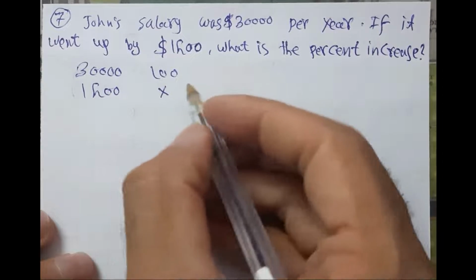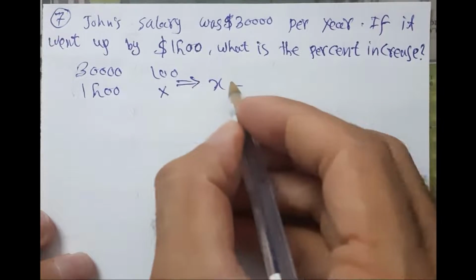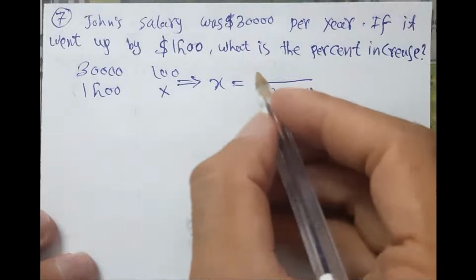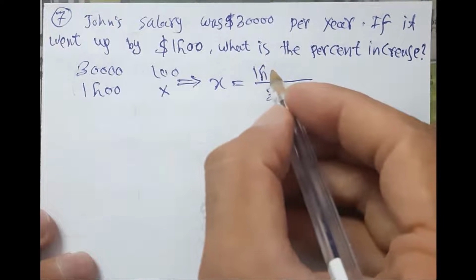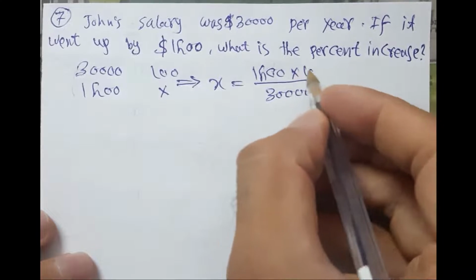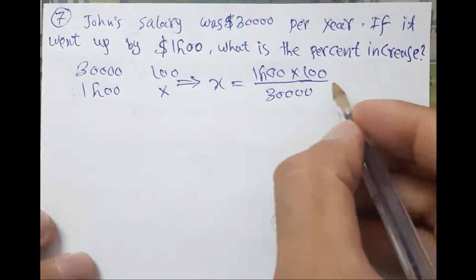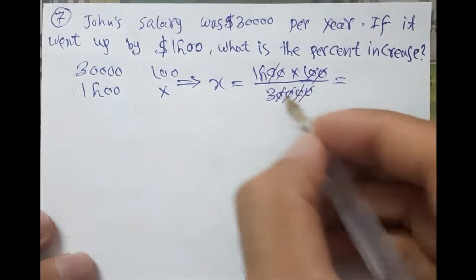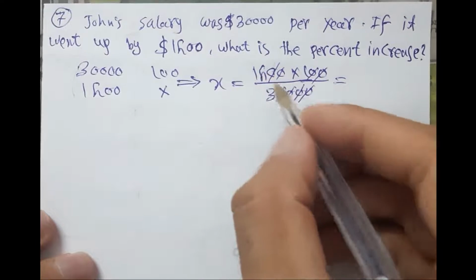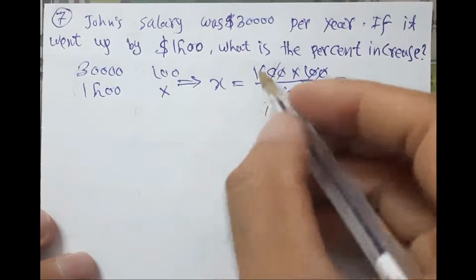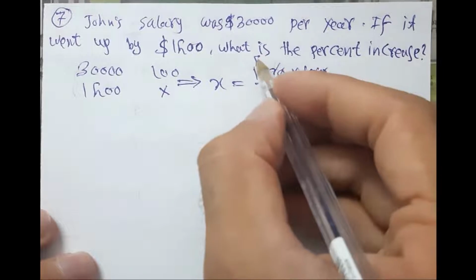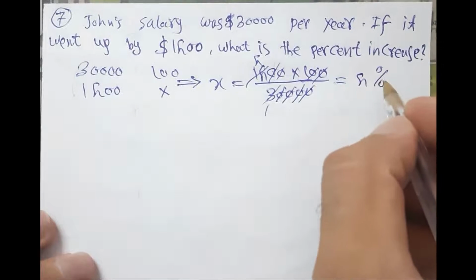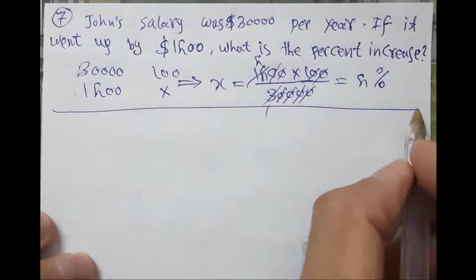Here the percent is unknown. X is equal to 30,000 in the denominator, and 1,500 multiplied by 100 on the numerator. Zeros cancel. Here we have 15, here we have 3, 5. It is equal to 5% increase in his salary.